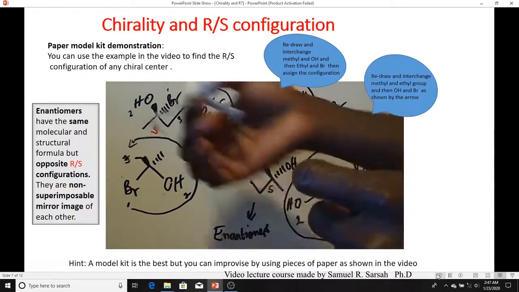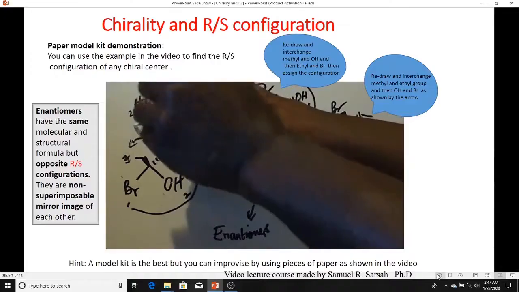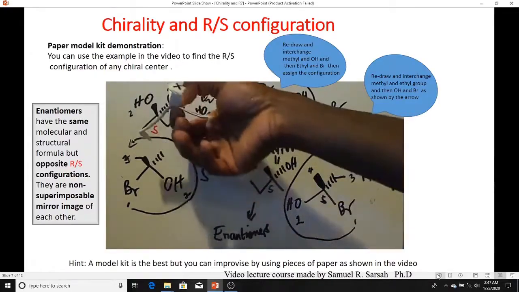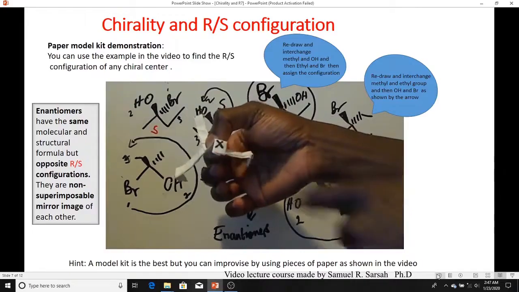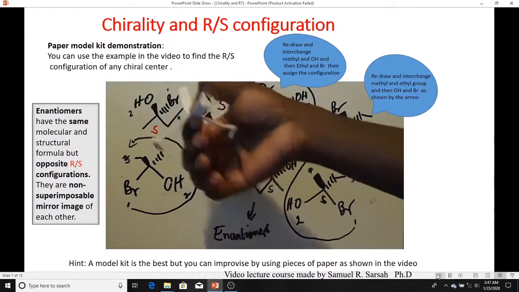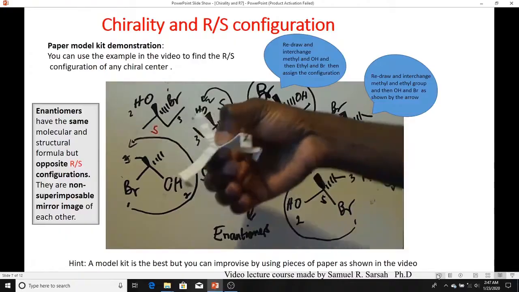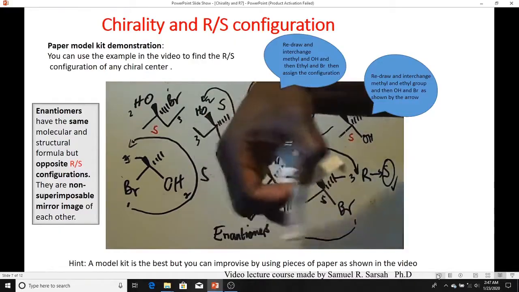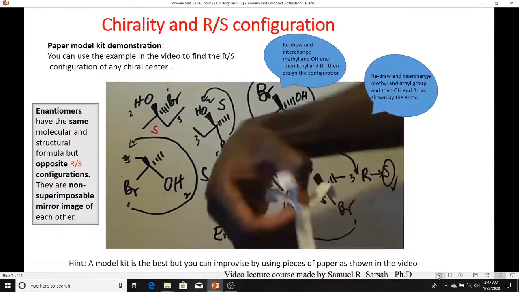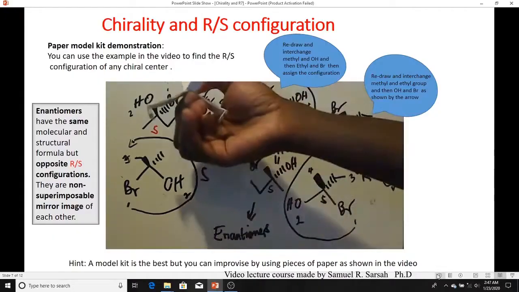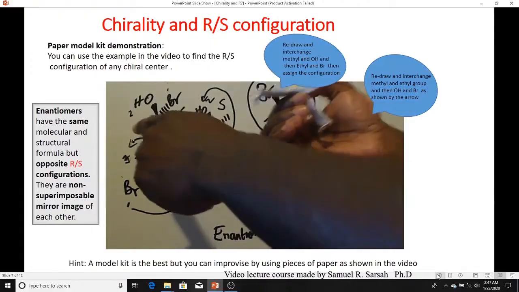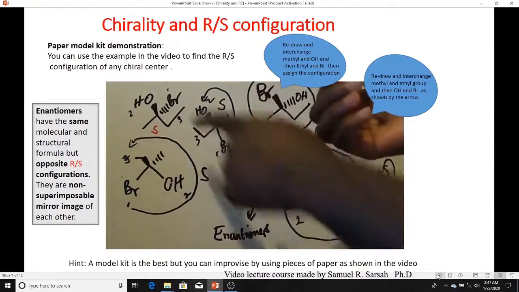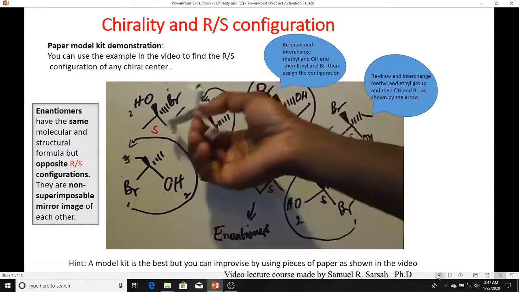So for instance, in this case I made it in such a way that the X written here, pointing towards me at the camera, is my OH, and then the Y on the opposite end is my bromine, and then Q is my methyl group, and then W is my ethyl group.